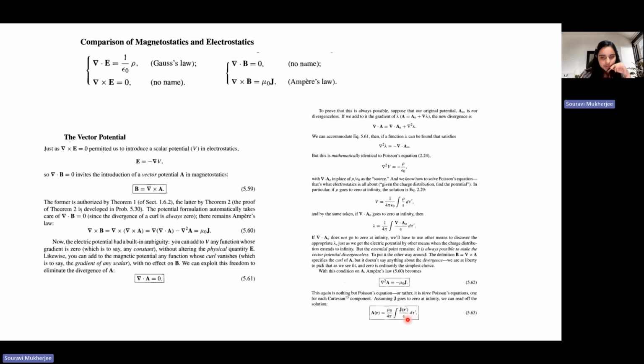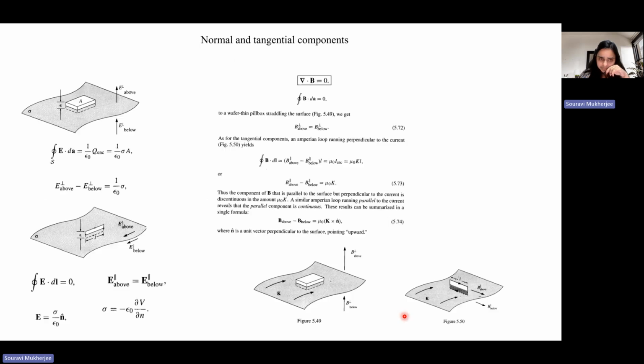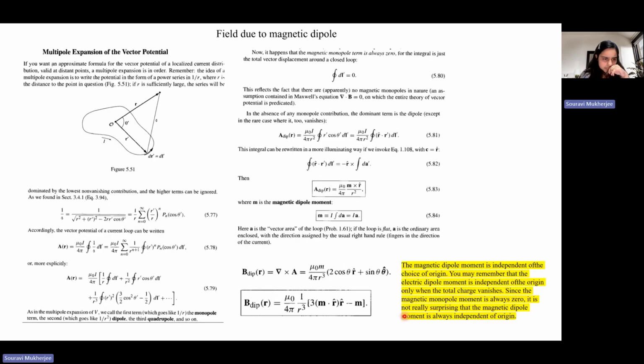Now you can always expand this term, based on how far you are from your charge distributions, as a power series, and then look at the dominant terms, the main terms that are contributing. That will again simplify our calculations.